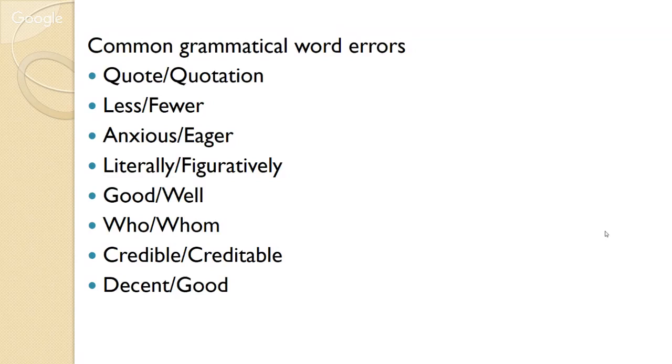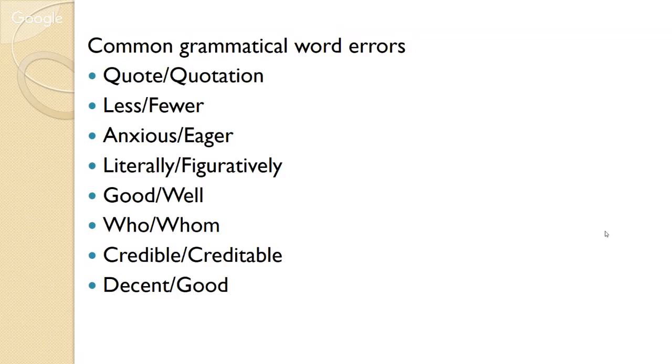So you're doing well. Good, in this case, would be an adjective, and adjectives are used to modify or describe nouns. So you could say that was a good movie. You wouldn't say that's a well movie. That wouldn't make sense. So how are you doing? You're doing well.